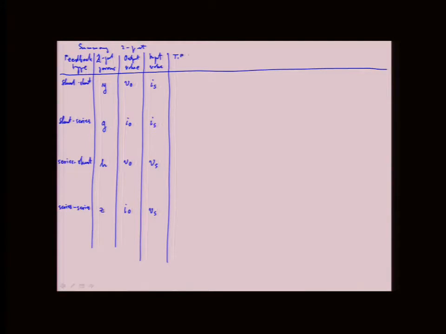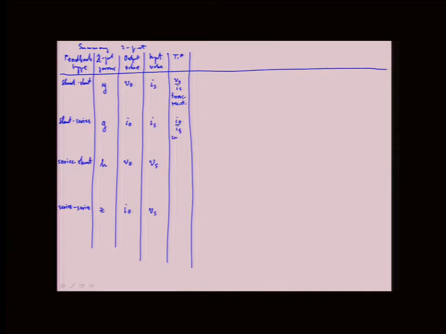Okay. So the transfer function is essentially output value over input value. So here it is VO over IS. So this is transresistance. Then shunt-series is IO over IS.